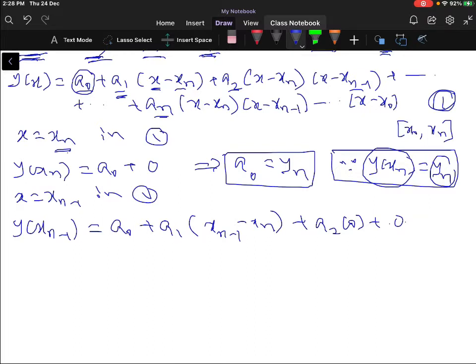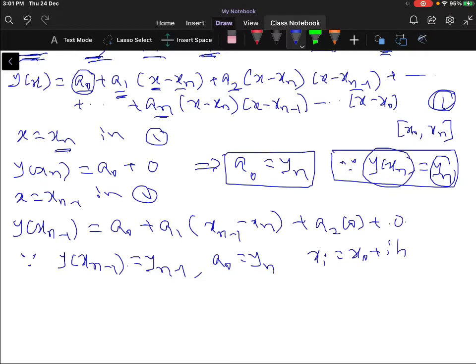Further, all the terms are zeros. Since y of xn minus 1 is equal to yn minus 1, a naught is equal to yn, and also we know that xi is equal to x naught plus ih.